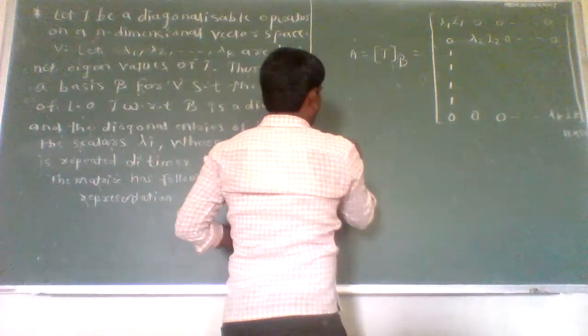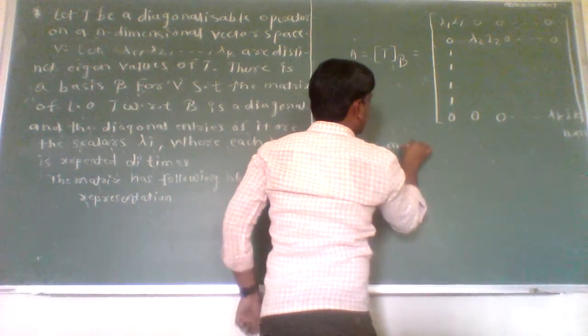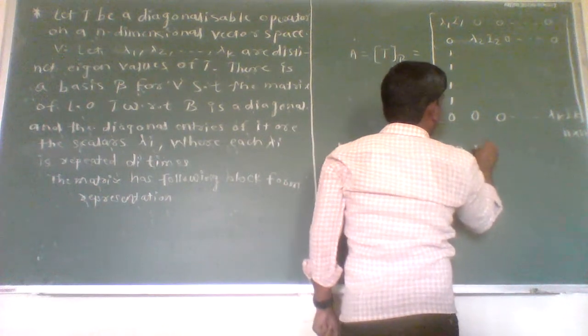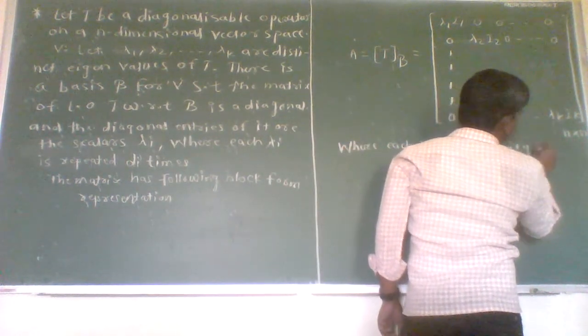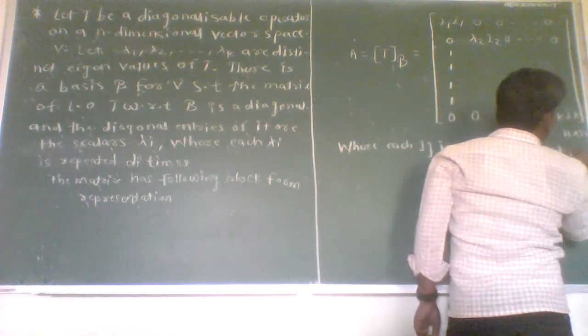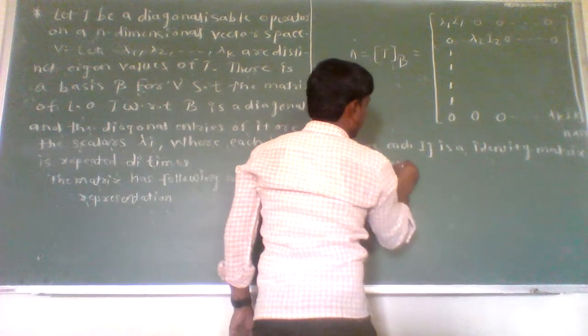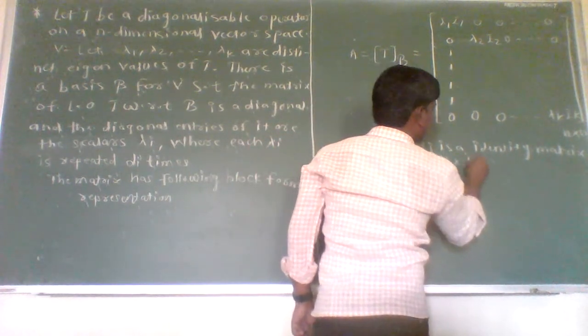Here each Ij is an identity matrix of order dj cross dj.